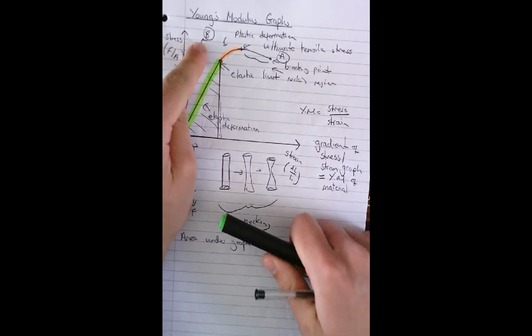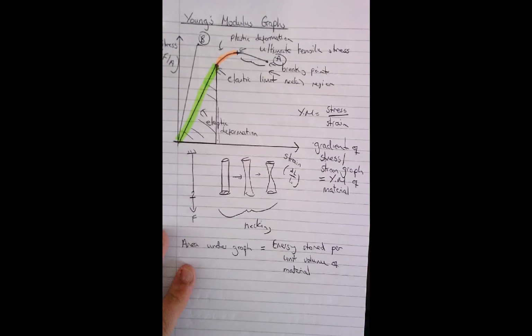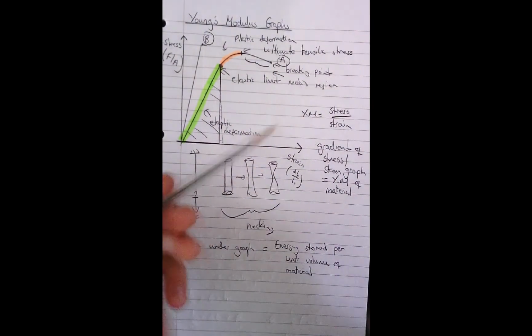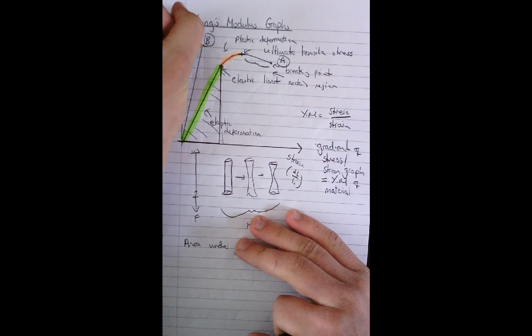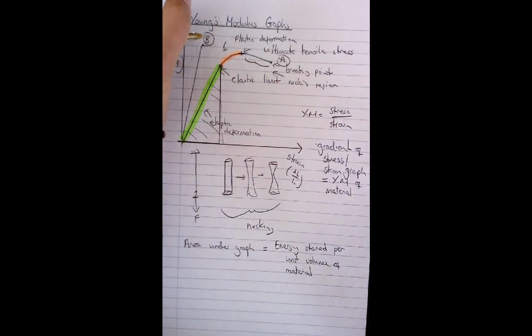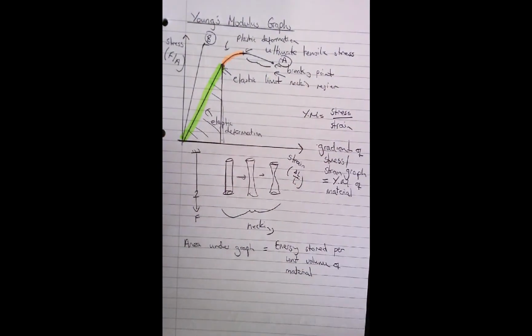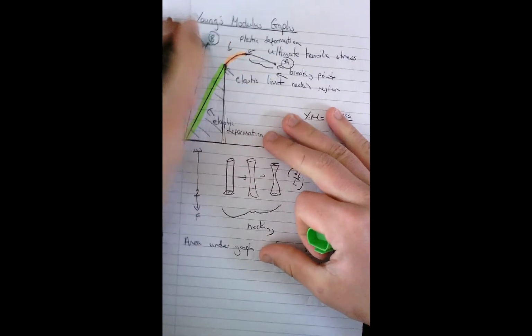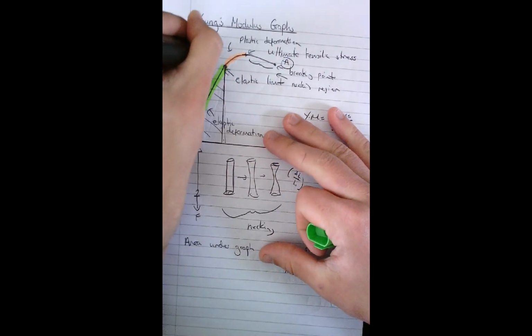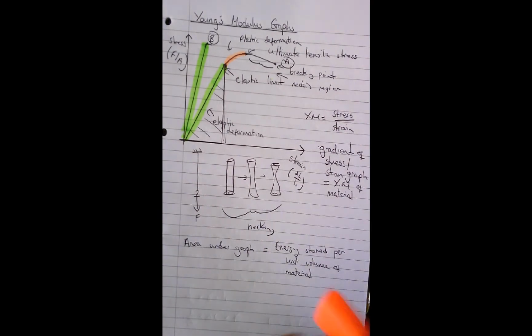This is going to be stronger. We can apply more force to this material without the material breaking. So in other words, it's got a higher ultimate tensile stress. What is important here, and this does get tested quite a bit in the exam, is this material, for most of its length, is elastic deformation.